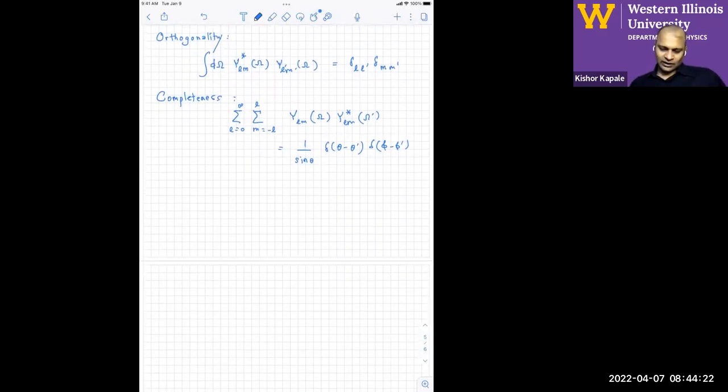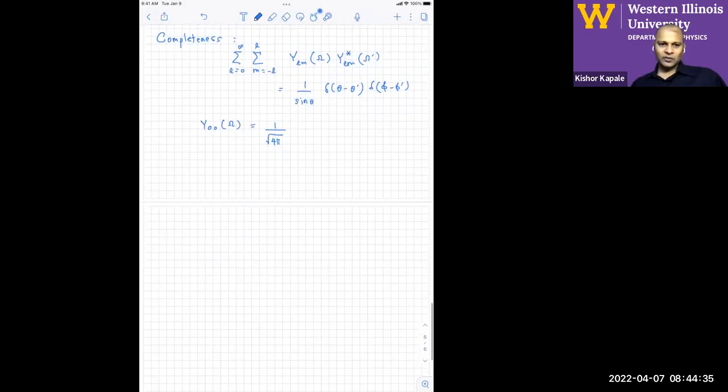And to recollect some of the small index values, YLM of theta, when L and M are 0, is a constant, 1 over square root 4 pi. Y10 of omega is square root 3 over 4 pi cosine theta. Okay, see how that looks?